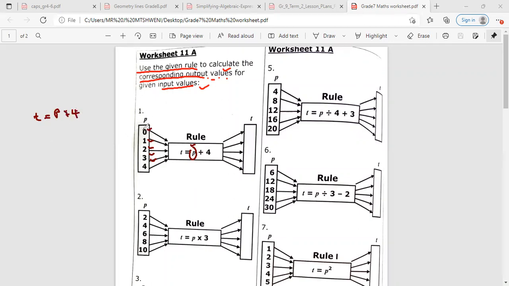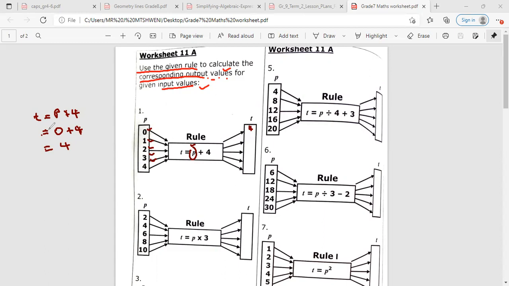The first value for P is 0, which means we replace it: 0 plus 4. What do you get? You get a 4. So our output value here will be 4.